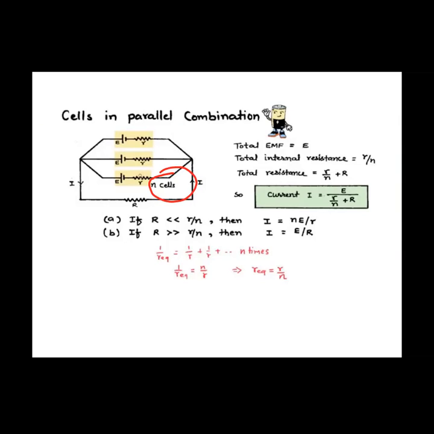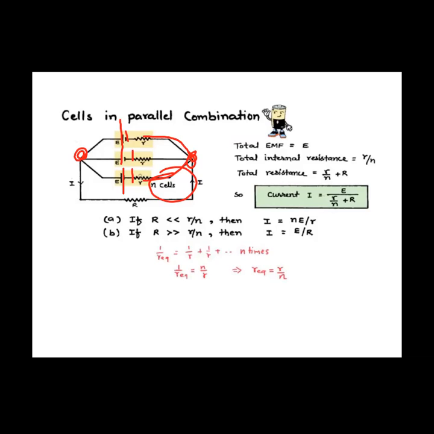When all the positive terminals of the cells are connected at a common point, and similarly, all the negative terminals of the cells are connected at another common point, then the cells are said to be connected in parallel.